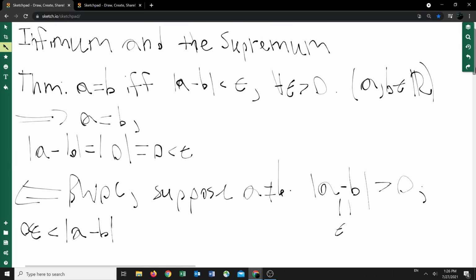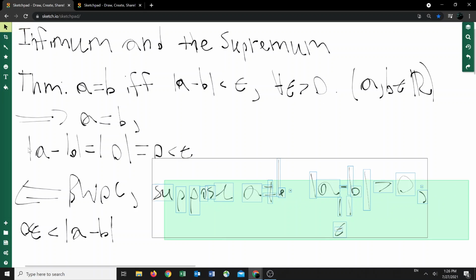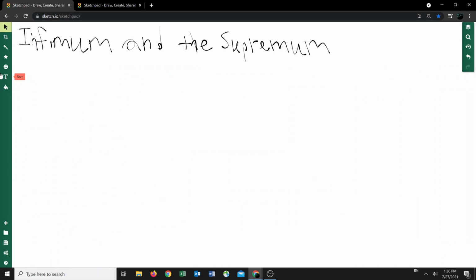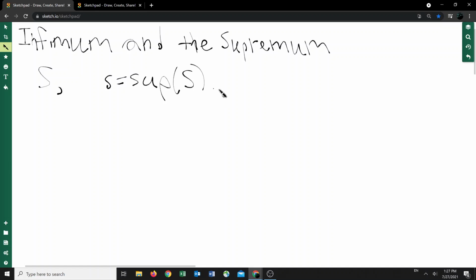Now, what are the infimum and the supremum? Let's start with the supremum. Let's consider some set S. Then we say that little s is the supremum of capital S if, well, first of all, maybe we should define what an upper bound is.